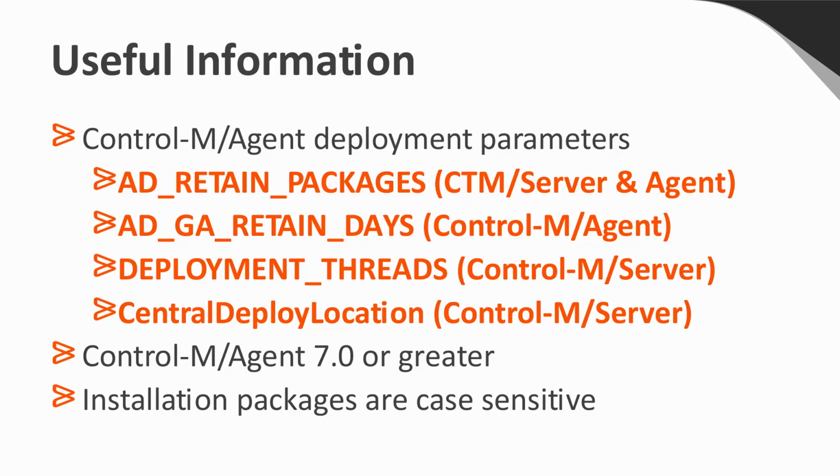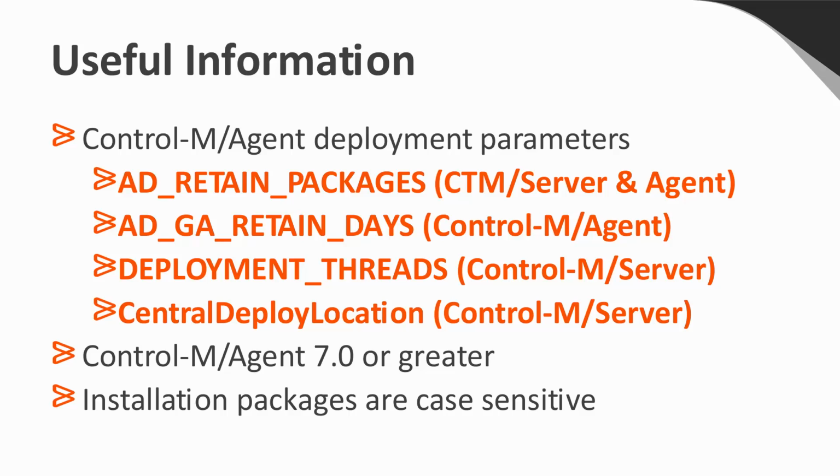Here's some useful information that I would like to share with you. Here are the most important Control-M agent deployment tool parameters. We have the AD_retain_packages parameter. This parameter is on the Control-M server and the Control-M agent. And this parameter controls the retention for the installation packages on the server and on the agent. By default, this parameter is set to 30 days.